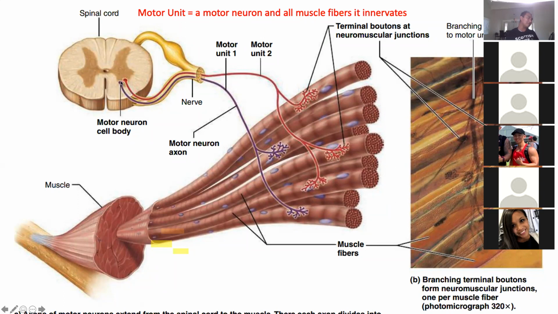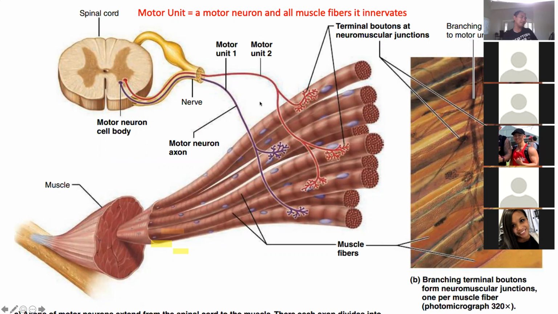So from the anterior horn, a motor fiber will come out and go to the muscle fiber and supply it. Another motor fiber will come out from the anterior horn, go along the spinal nerve and supply it.